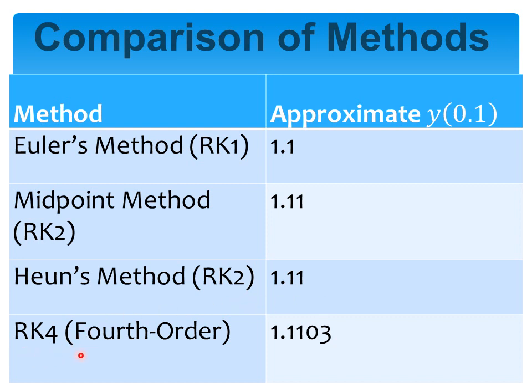If we use RK4, fourth order, then we get 1.1103. You solve all methods 1, 2, 3, 4, and you compare the answers to see which is the best answer.